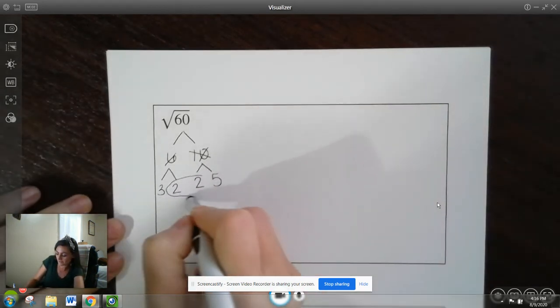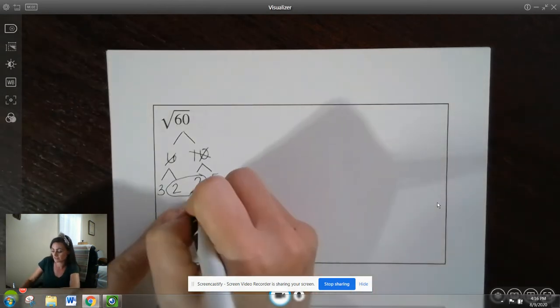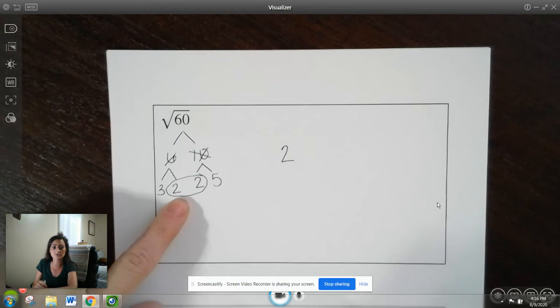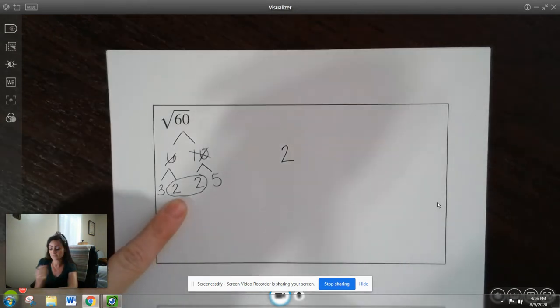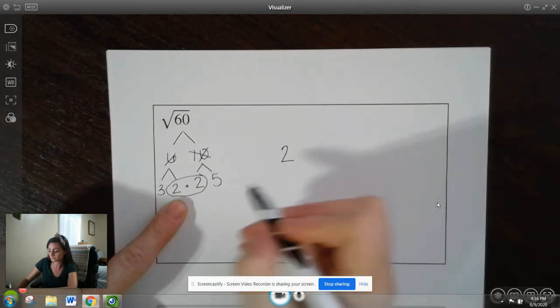So here I have a pair of 2s, so I know that these can be represented on the outside of my radical, showing that I could take this 2 times 2 out of my prime factorization. Because this is a square root, I have my pair, I have my group of 2.